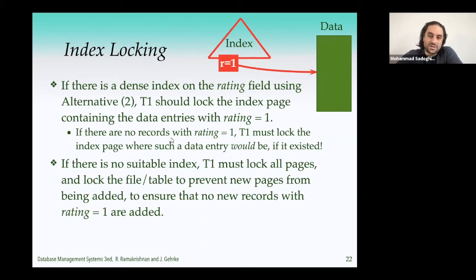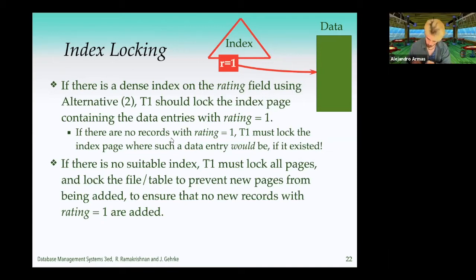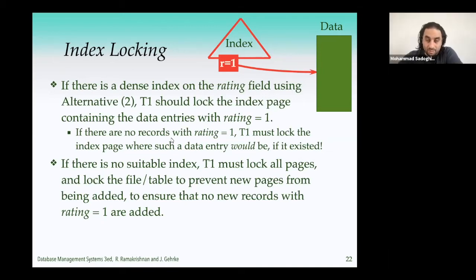And if there's no index on rating, then we may have to go back to that broad solution of just locking the table with an S lock. But whether or not it exists in the buffer pool is the second important question. As far as the index is concerned, everything is on disk. So if it's not in the buffer pool, it is brought into the buffer pool.